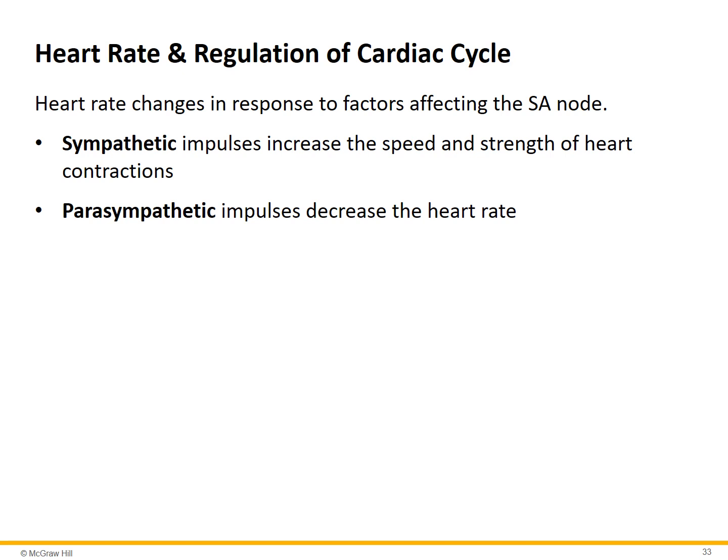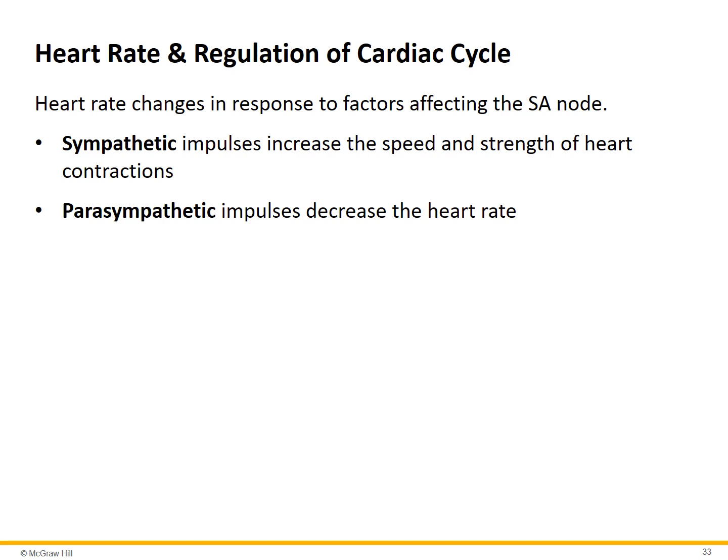We'll tie into this when we do the nervous system, but just to give a brief explanation, there's a division of your nervous system which is called the autonomic nervous system, or ANS.